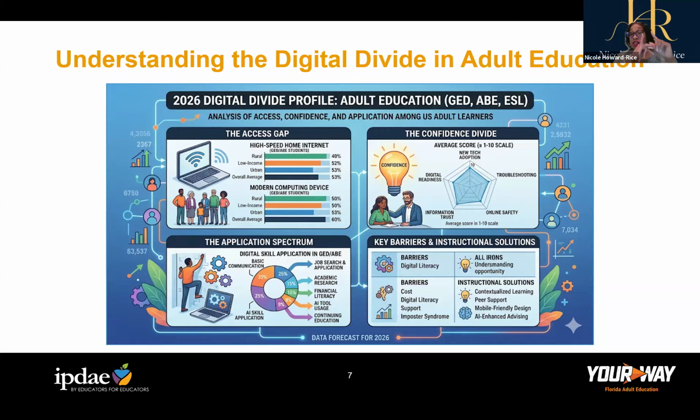A lot of us as instructors and leaders, we too deal with imposter syndrome, so we can recognize it within our learners, understanding and misunderstanding the opportunities that are put before us, even as instructors, as well as for the learner, and then the solutions that we can use. We can employ contextualized learning, peer support, as well as that mobile friendly design that was mentioned through some of the responses that you all shared when we began this slide.